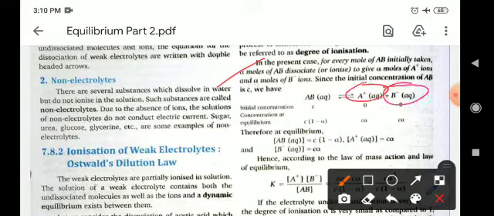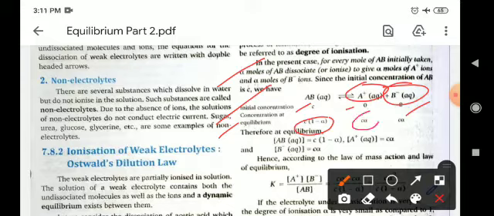at the initial stage the concentration of AB is C and there is no formation of ions, so the concentration of A+ and B- will be 0. But when this reaction reaches equilibrium, suppose alpha fraction of molecules dissociate, then the concentration of AB is C(1 - alpha), and alpha fraction of products are also formed.